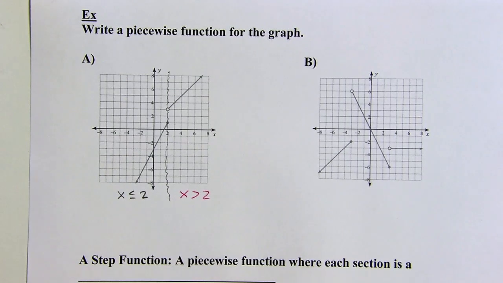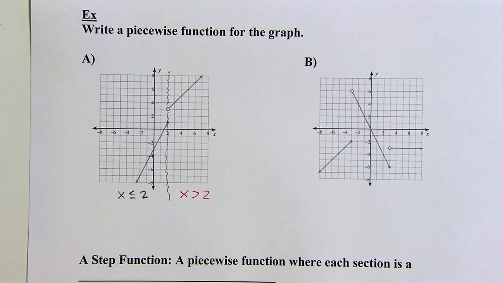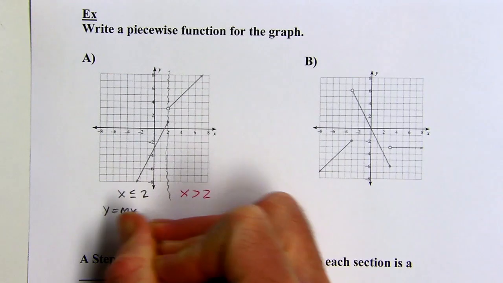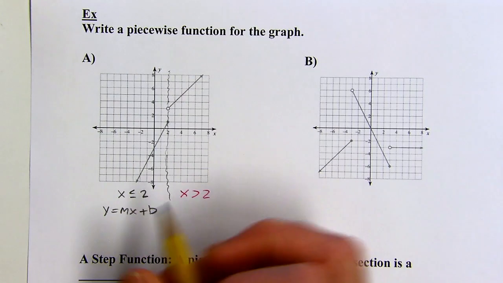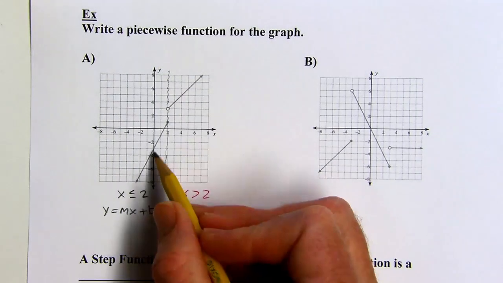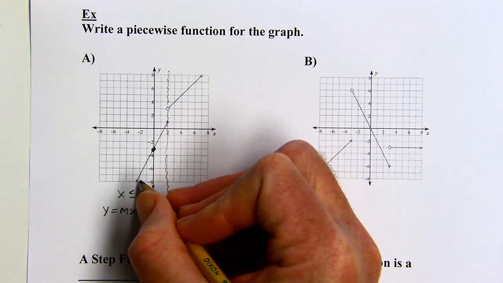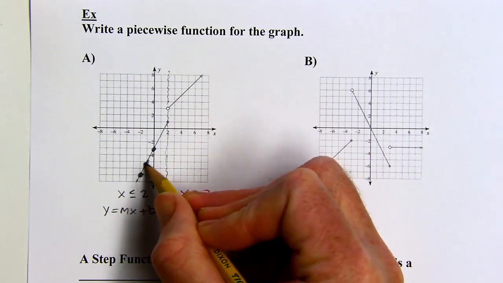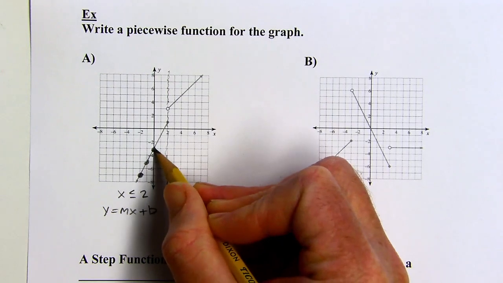So then I need to come up with equations for the lines. All right, so I'm thinking y equals mx plus b. So let's see, on this one, my y-intercept appears to be -3. And then for my slope, I'm just going to choose 2 points that look like they're on the graph. Or actually, I could have used that one. So I'm going down 2 to the left 1, right?